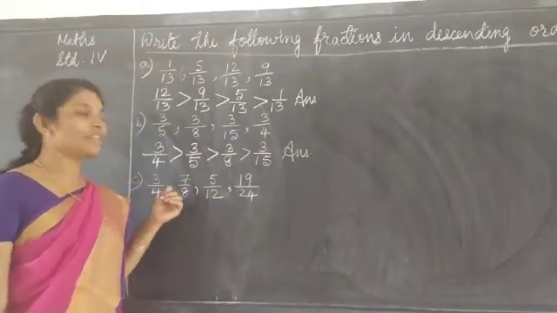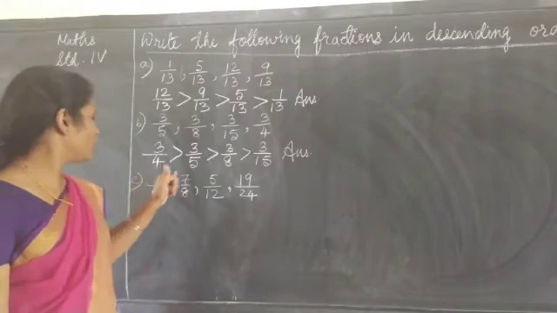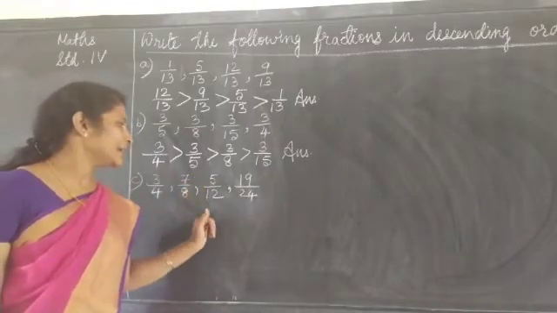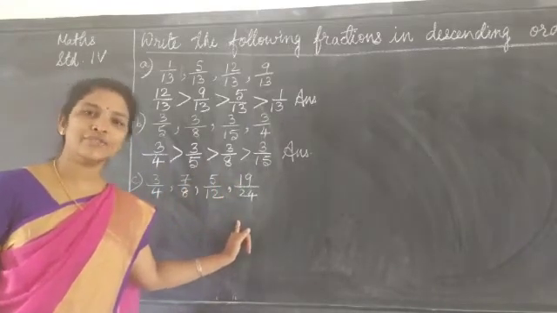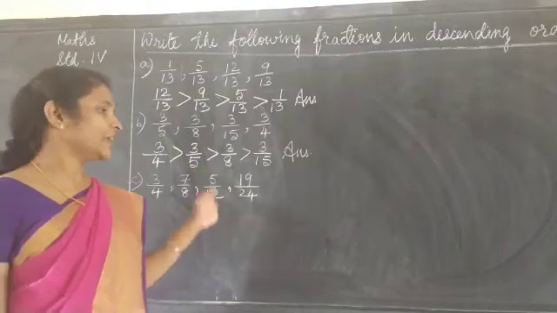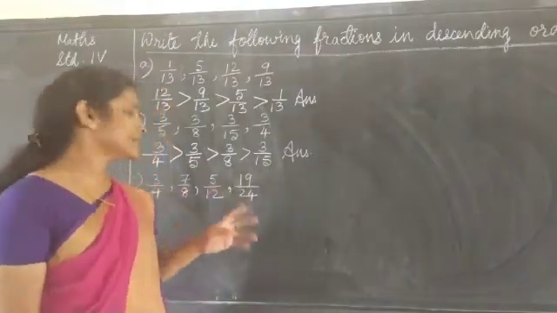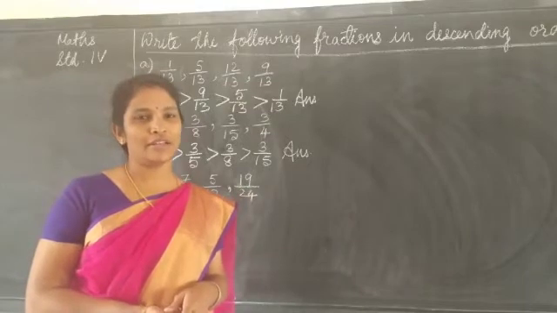Now, the next question we can see: 3 by 4, 7 by 8, 5 by 12 and 19 by 24. All are having different numerators and different denominators.